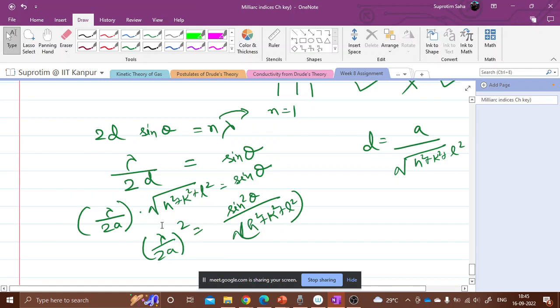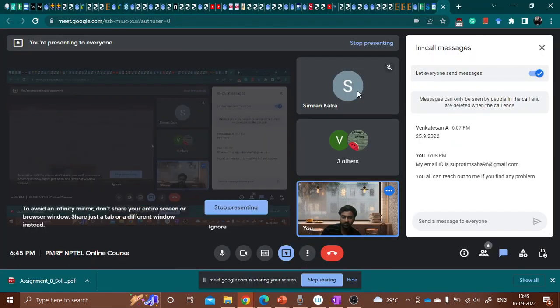So basically, you are doing the experiment with a fixed wavelength, and the material you are using has a fixed lattice parameter. So if the left hand side is constant, this ratio should also be constant. You are getting my point, right, Simran? All the points are well explained, right?